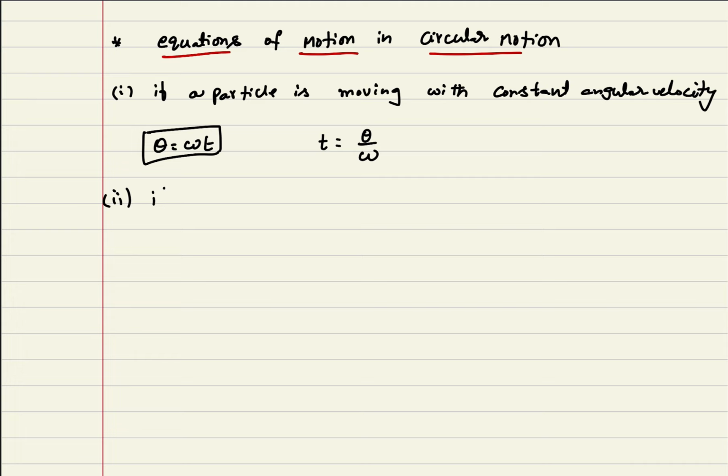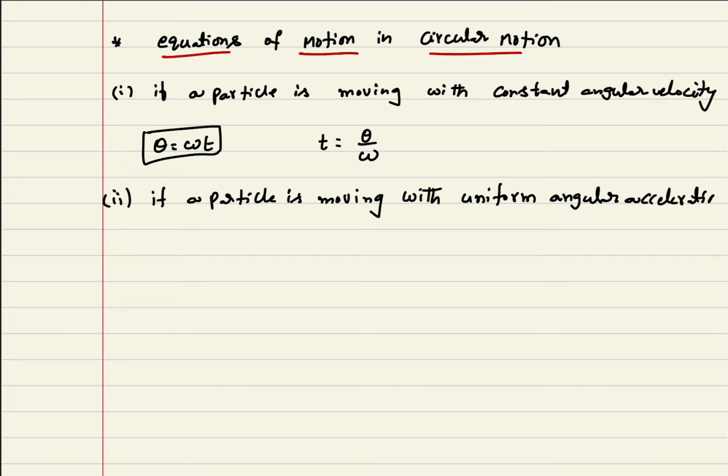Next one, if a particle is moving with uniform angular acceleration, we can write omega is equal to omega naught plus alpha into t, the omega-t equation.